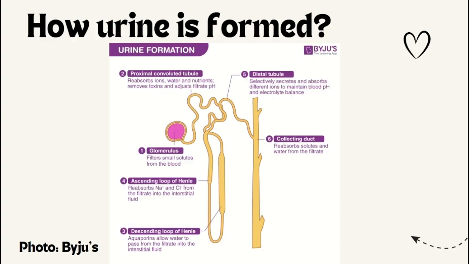At the end of the day, the goal is to filter the blood and to pass out the waste through urine. That's the whole goal of it. So just remember the glomerulus, then the proximal convoluted tubule, descending loop of Henle, ascending loop of Henle, then the distal tubule, and then the collecting duct.